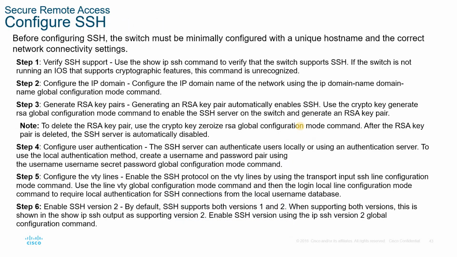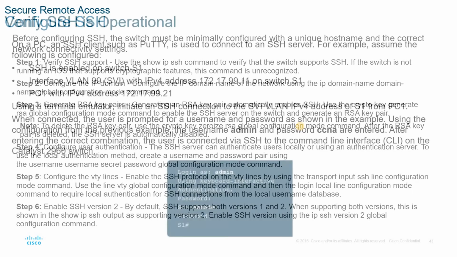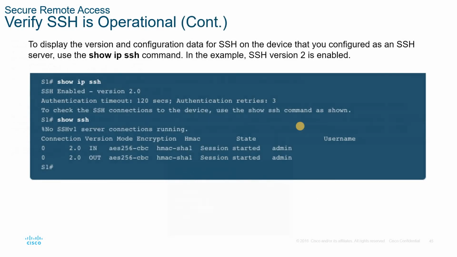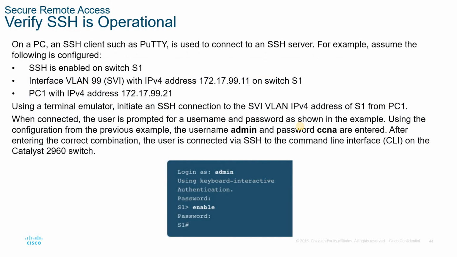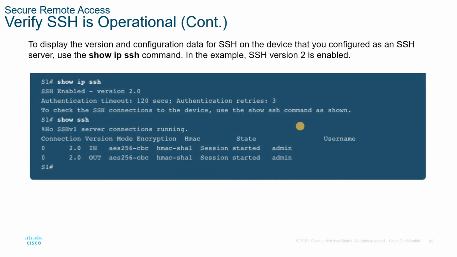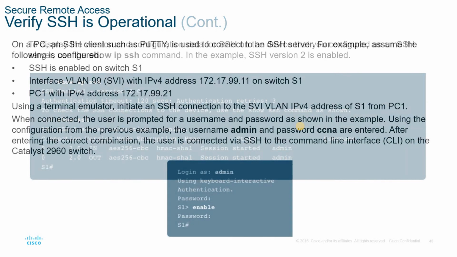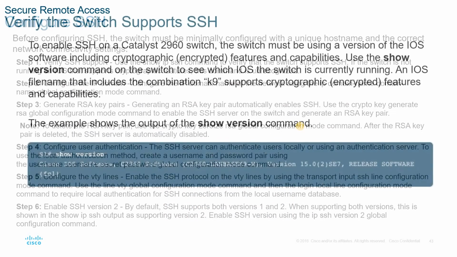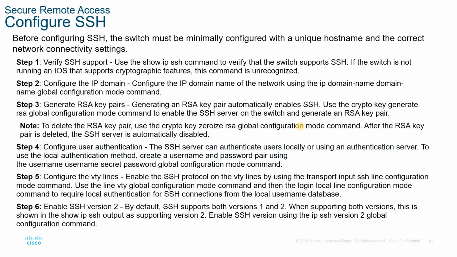So ito yung procedure natin, step 1 to step 6. Okay, and then we're just gonna walk through the SSH configuration. So we're gonna use the username admin, the password is NA for simplicity lang muna. Okay? So let's try to implement kasi gagamitin nyo to later on your packet tracer activity.